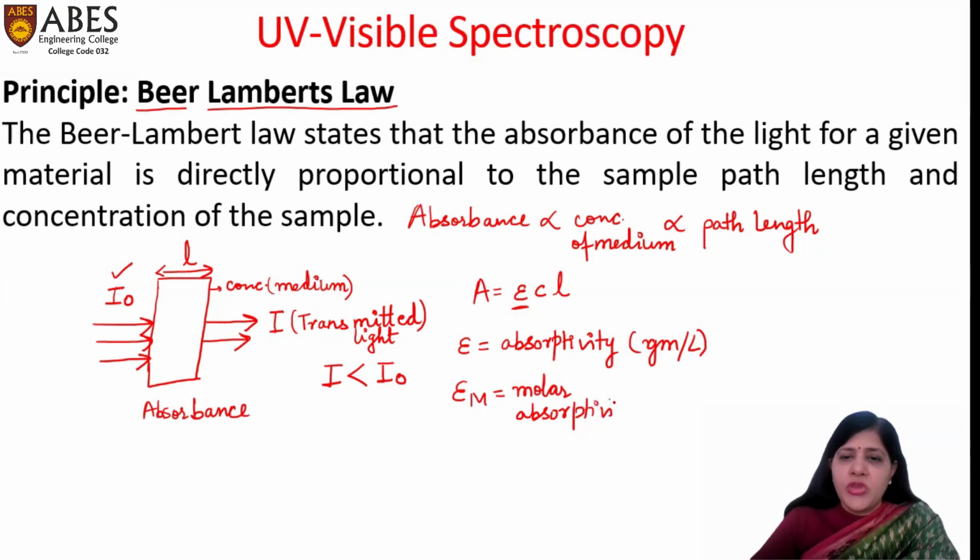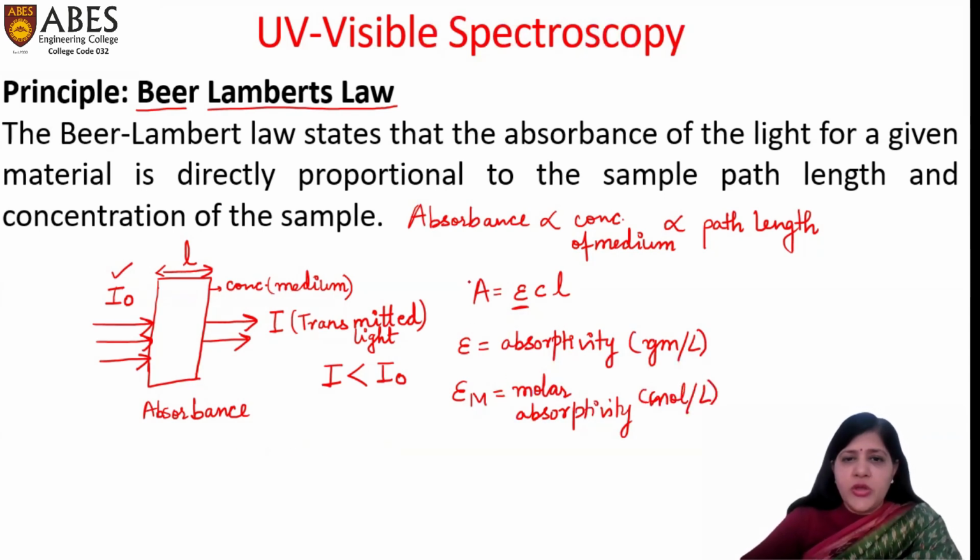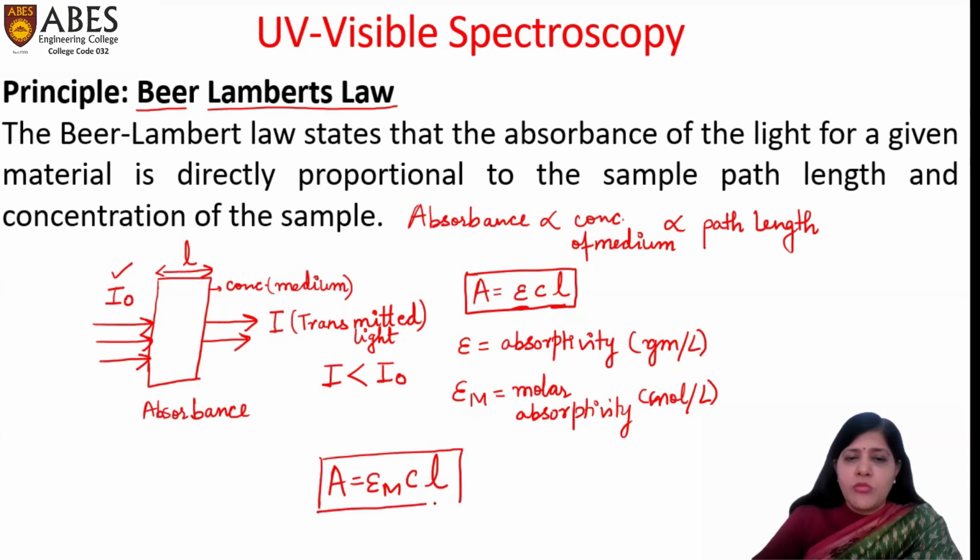In this case, Beer-Lambert's law is expressed as A is equal to epsilon Cl when concentration is in gram per liter, and when concentration is in moles per liter, it is epsilon m Cl.